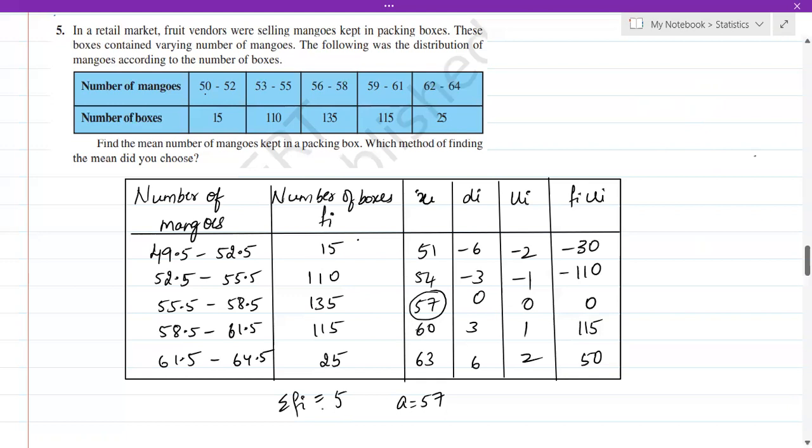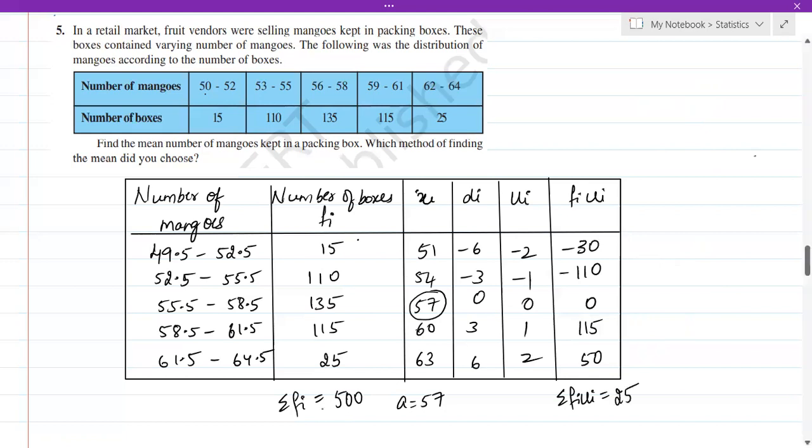So totally there are 500 boxes. Now let's find summation fiui. If you add these two things, you get -140. If you add these two things, we get 165. So plus 165 minus 140 gives you 25.